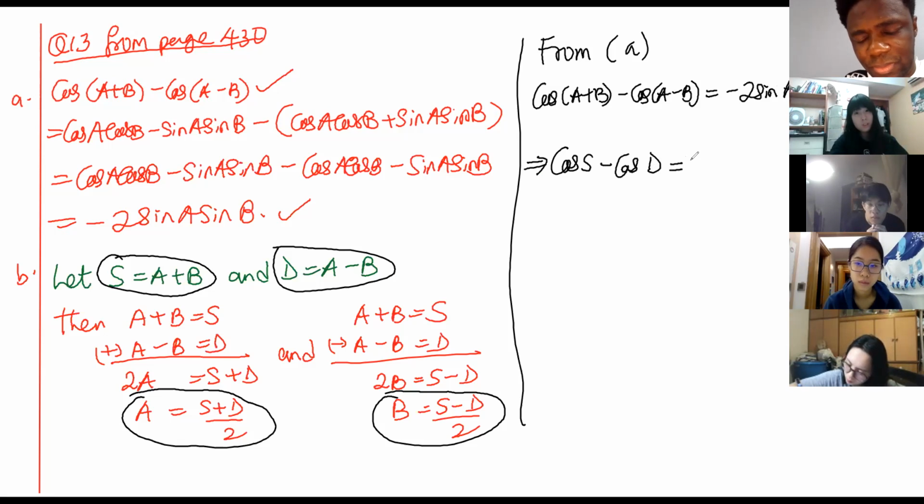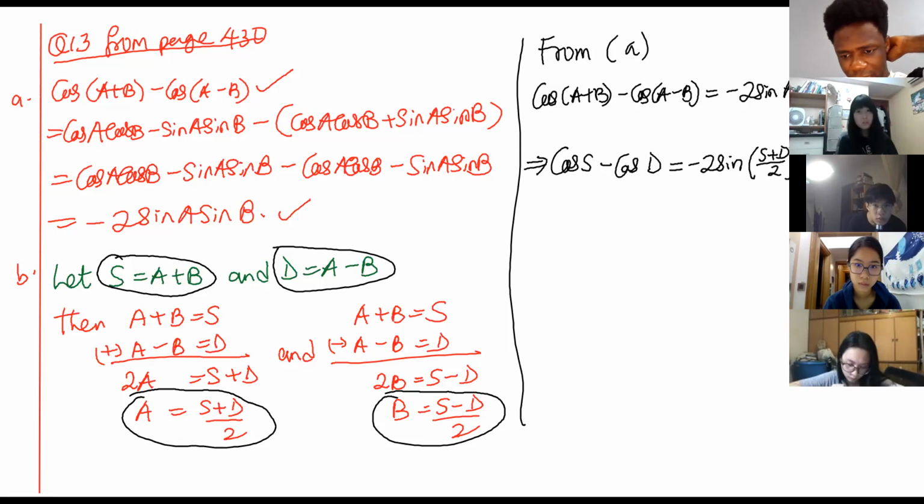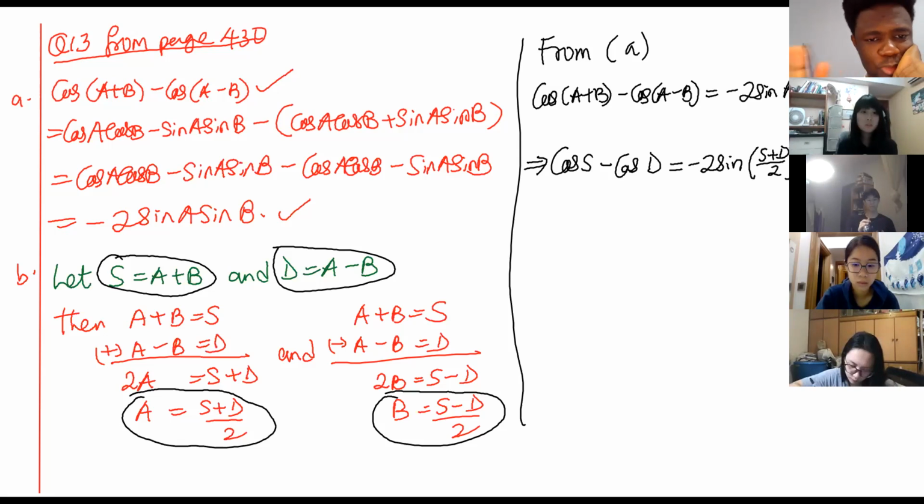Equals minus 2 sin (S plus D) over 2, exactly. So we just substitute. Then sin (S minus D) over 2. Understand? So that's all we have to do for that. Nice try, everyone. So we've done that.